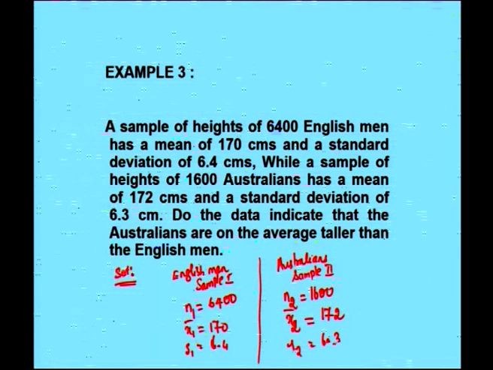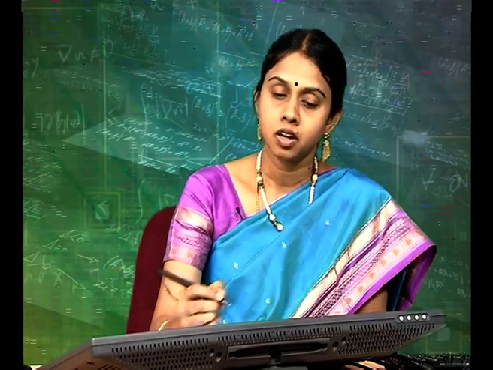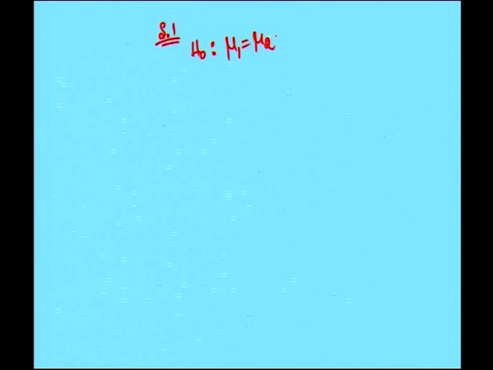Okay. So, first of all we will set up the null hypothesis H naught. H naught is mu 1 is equal to mu 2, this is mathematical representation, and in words the question is, do the data indicate that Australians are on the average taller than Englishmen? According to H naught, both Australians and Englishmen are equal, that is equal in the sense they are not taller, right.